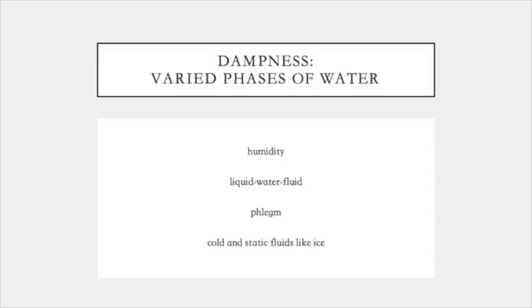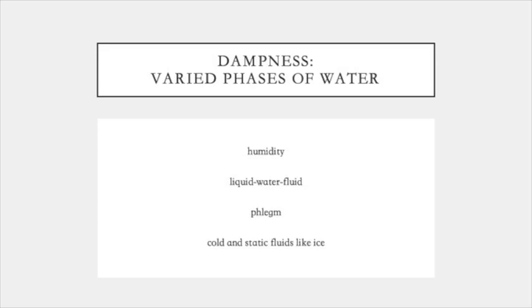So dampness is a word I am asking everyone to rephrase as the concept of a different phase of water. And how we would treat that phase of water is quite different. For example, humidity in the body, leading to muddled thinking, muddled seeing or hearing, sinus blockages, digestive symptoms, heavy body and fatigue.